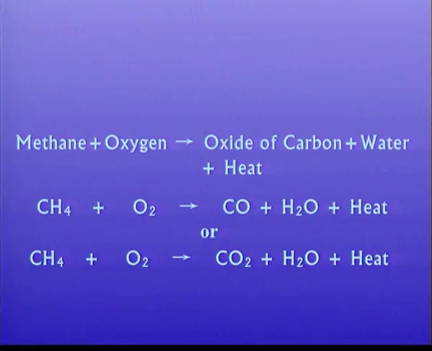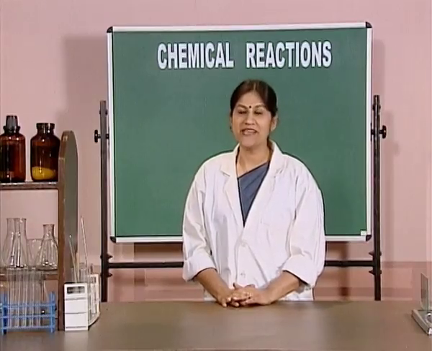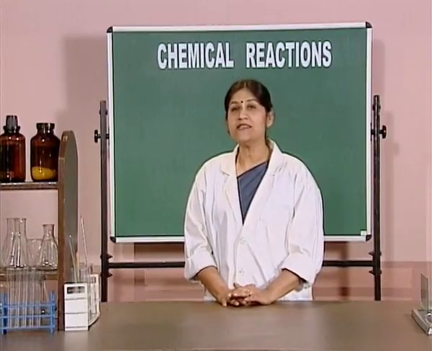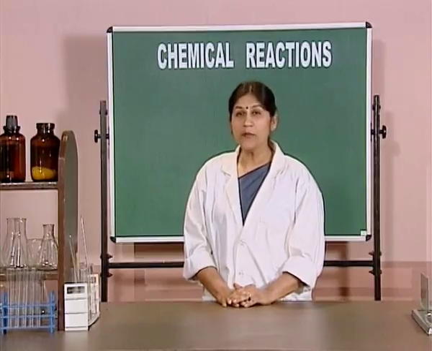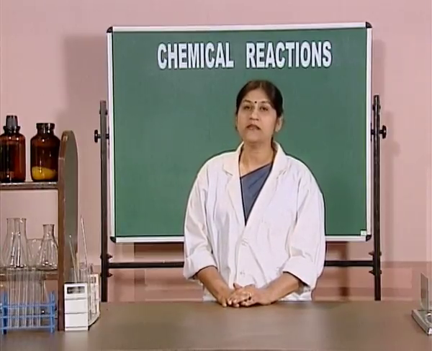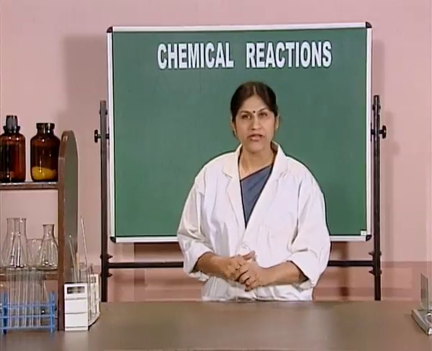And each of these reactions results in the liberation of energy in the form of heat and light. Such chemical reactions in which heat is released along with the formation of products are known as the exothermic reactions.